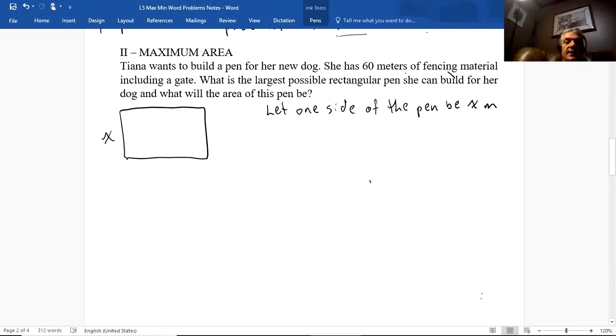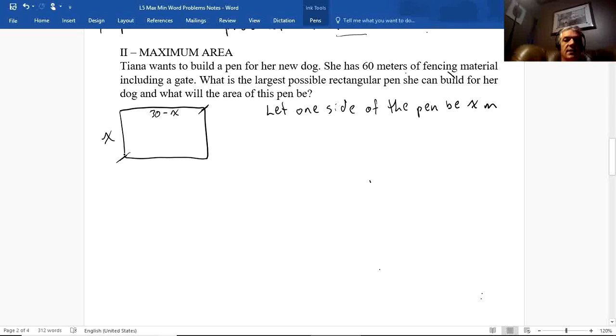Now let's pretend we had 60 meters of pen all the way around. Well, if we went all the way around with 60 meters, how far would it be to go just halfway around? Well, most kids can quickly see that that would be 30 meters, okay? If you're going to go all the way around and be 60 meters, halfway around has to be 30 meters. And so we can determine the length of the other side to be 30 minus this X side. So whatever we chose here, say we chose 10 here, then this side would have to be 20.